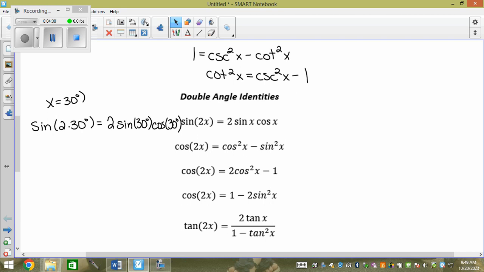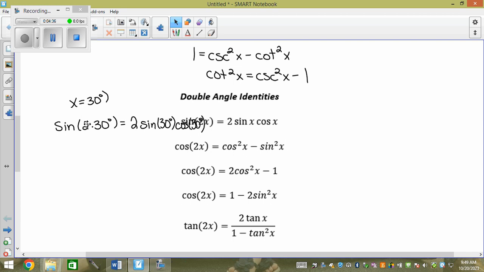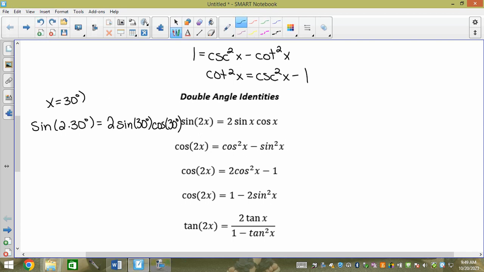right? And by verifying, my next step would be to actually do math. What's 2 times 30 degrees? 60. So this is the same as sine 60 degrees. Well, what is sine at 60 degrees? Root 3 over 2.